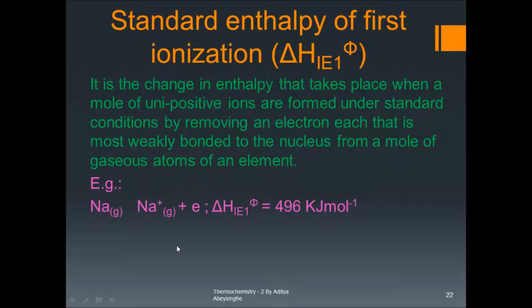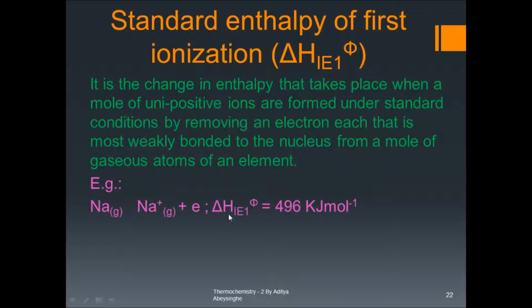So the energy change required for such a reaction is defined as the standard enthalpy of first ionization. So it's defined as the change in enthalpy that takes place when a mole of a unipositive ion, so unipositive ions are sodium plus, potassium plus, and so on, are formed under the standard conditions by removing an electron each that is most weakly bonded to the nucleus from a mole of gaseous atoms of an element.